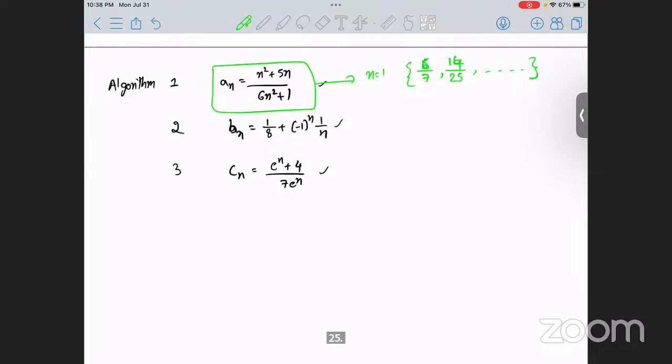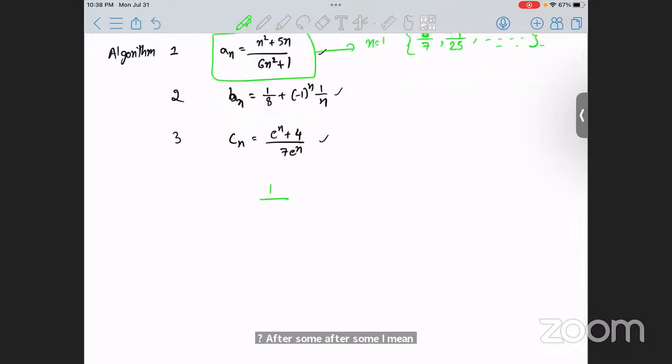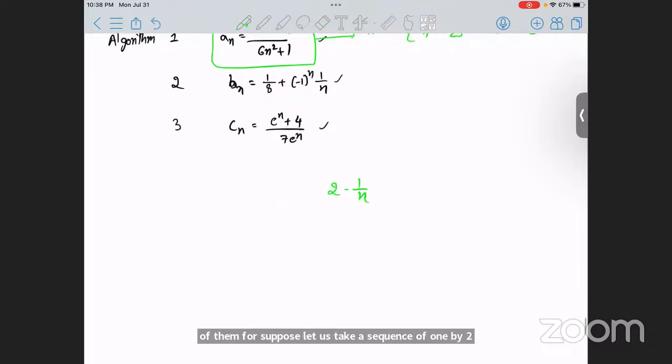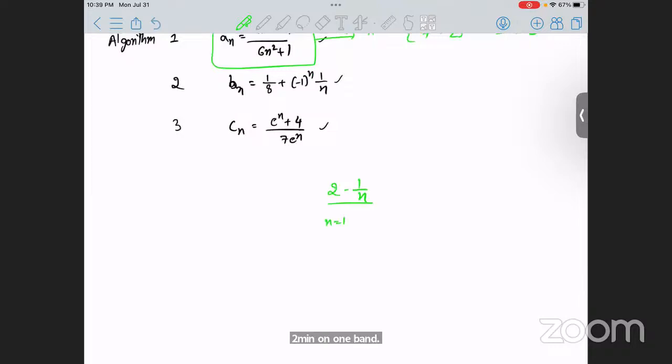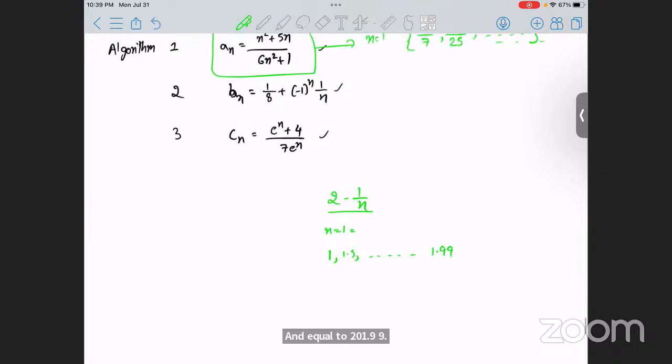Let us take a sequence 2 minus 1 by n. When n equal to 1, the value is 1; n equal to 2, 1.5; n equal to 200, 1.995; n equal to 300, 1.9967.